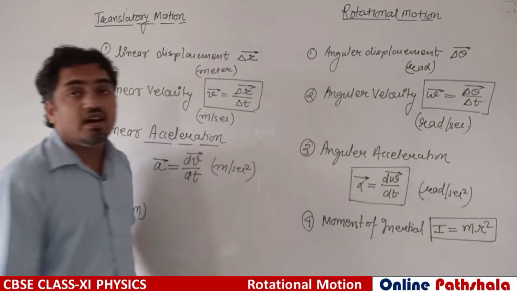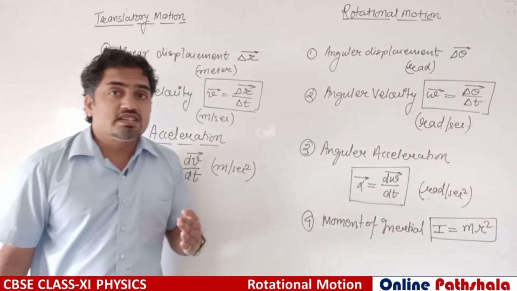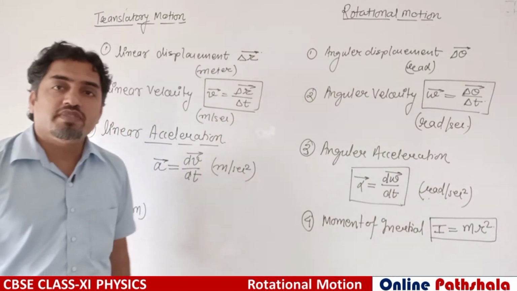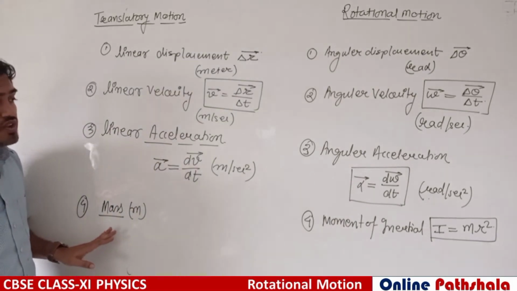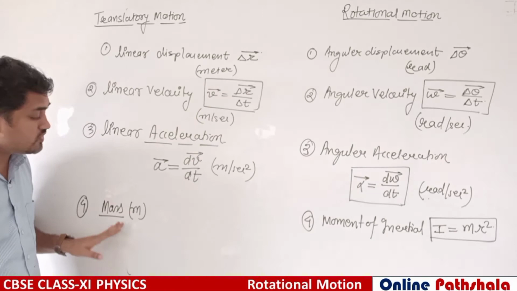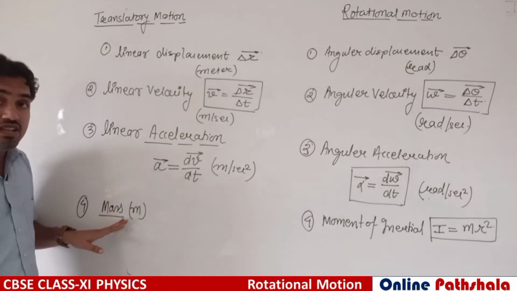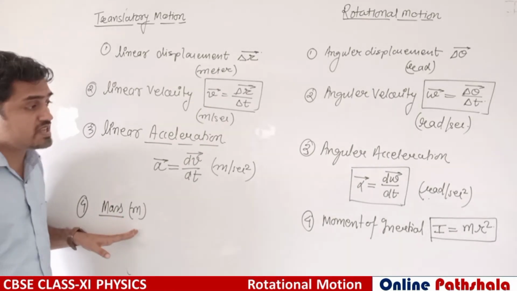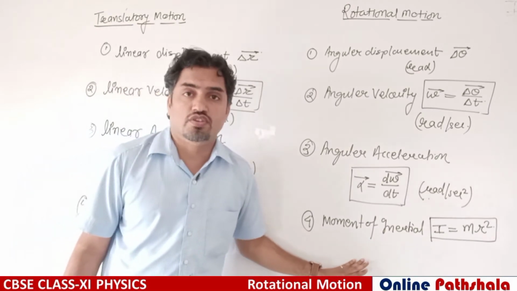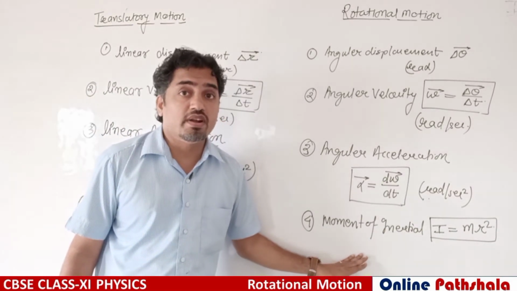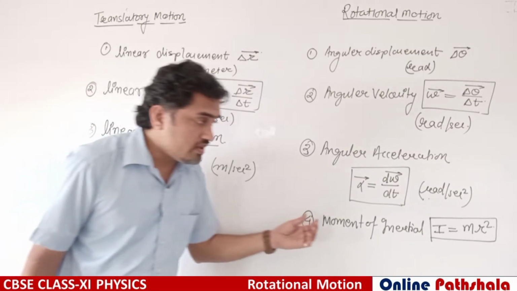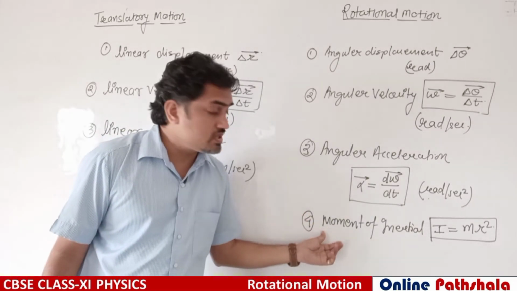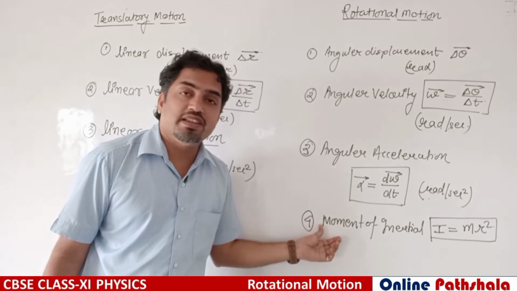What is r? r is the perpendicular distance from the axis of rotation. So as mass is the inertia of motion, same as it, the moment of inertia is the inertia of rotational motion. In rotational motion, we have to use the moment of inertia in place of mass.